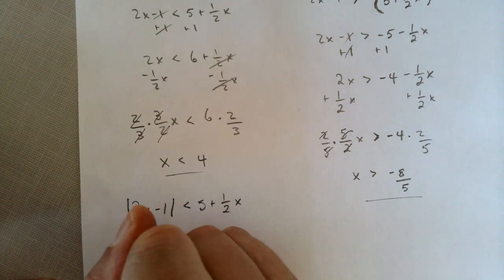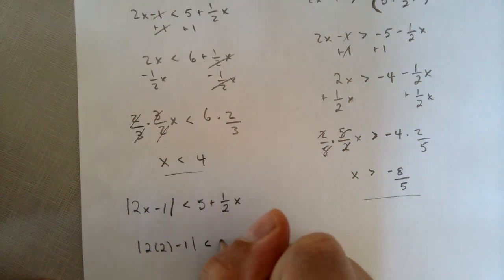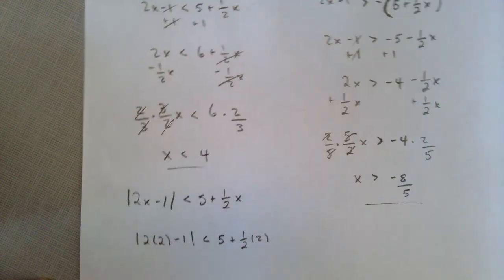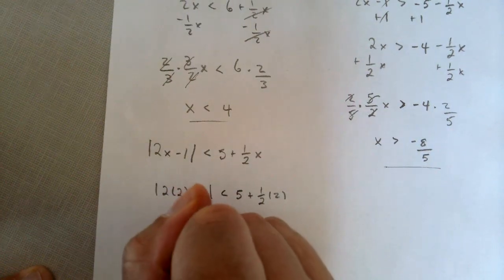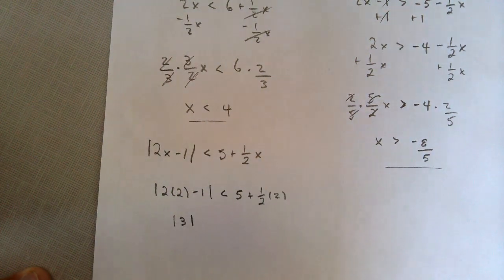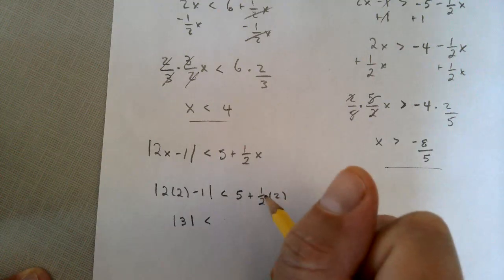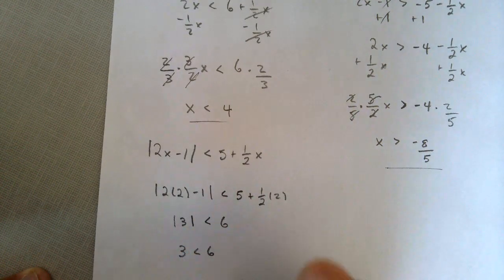So we have the absolute value of 2 times 2 minus 1 is less than 5 plus 1/2 times 2. 2 times 2 is 4, minus 1 is 3, so we have the absolute value of 3 is less than 5 plus 2 times 1/2 is 1, so 6. 3 is less than 6, that's true.